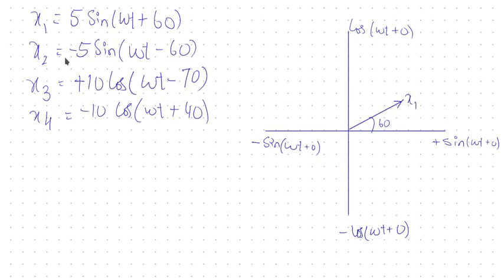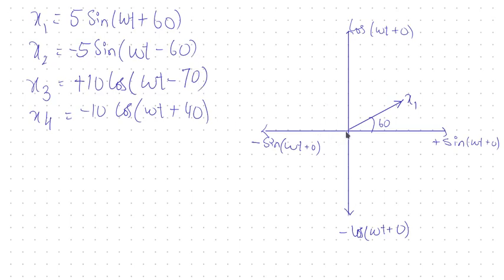Now x2 is minus 5 sine(omega t minus 60). So in the minus sine axis base vector, we can take the phase to be minus 60. Remember, minus implies that we have to go clockwise.